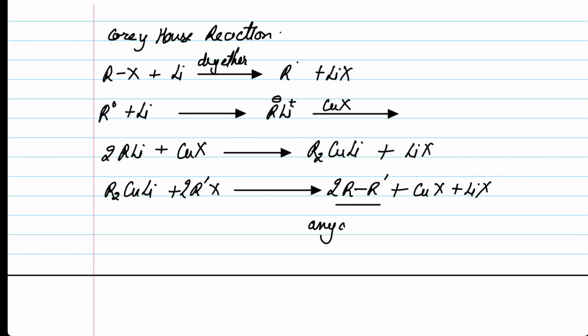Any alkane can be formed. But this particular reaction also has a restriction. This R could be CH3. This R could be 1 degree. This R could be 2 degree. This R could even be 3 degree. This R could also be phenyl.